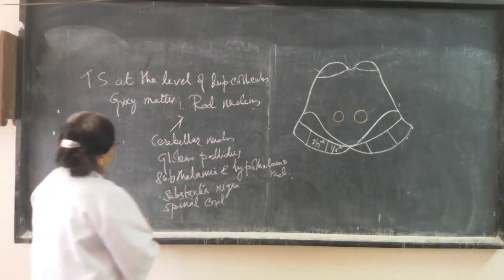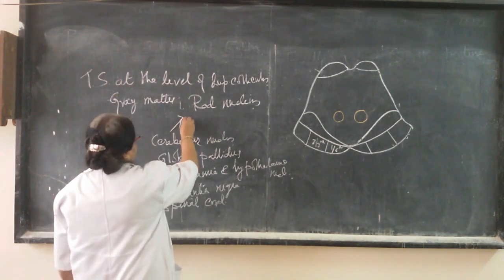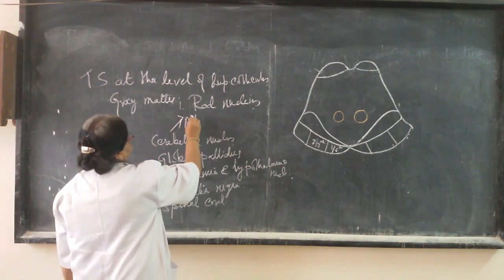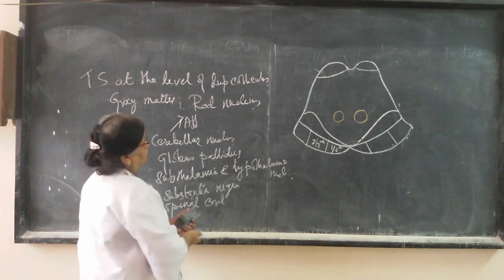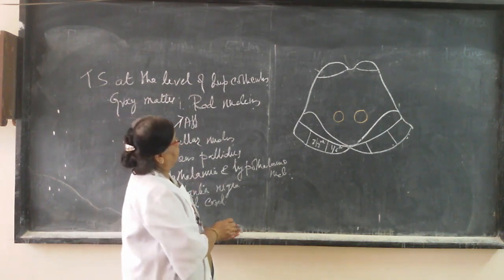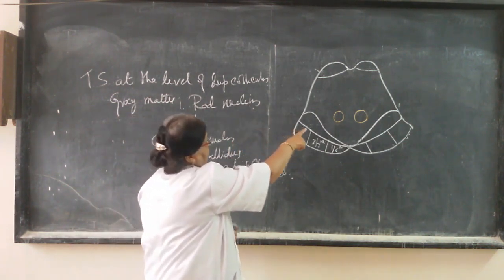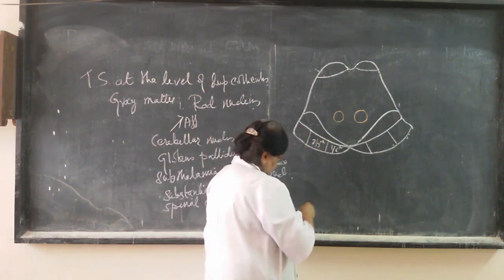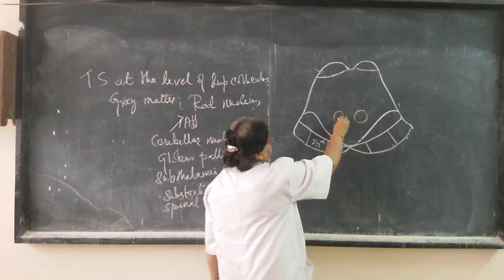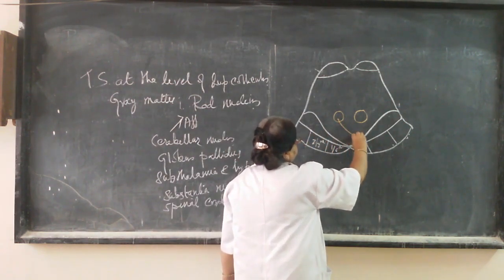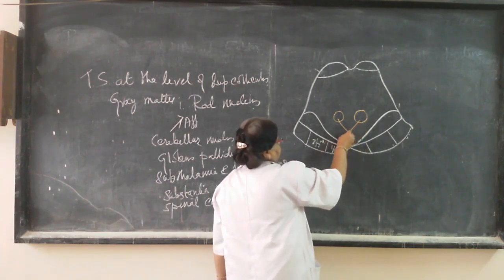These are the afferent fibers to the red nucleus, and the efferent fibers emerging from the red nucleus decussate in the median plane.